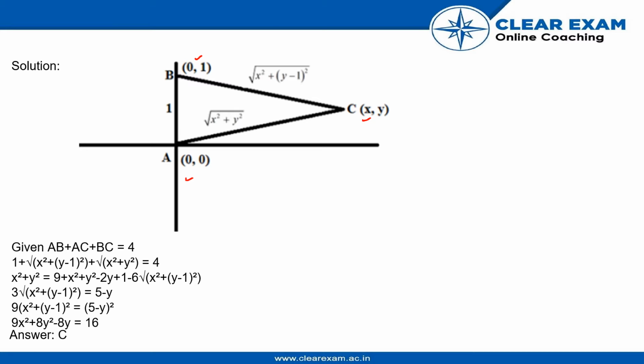So using the distance formula, we'll find the distance of BC equals the square root of (x minus 0) whole square plus (y minus 1) whole square.